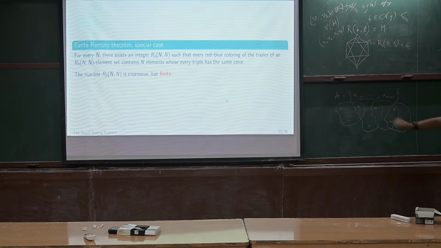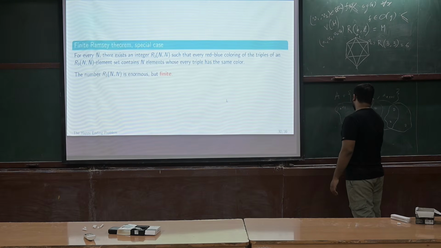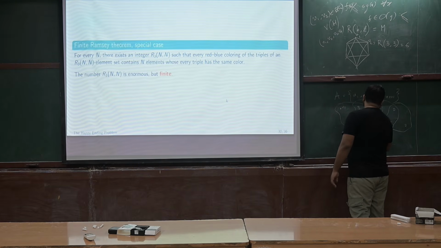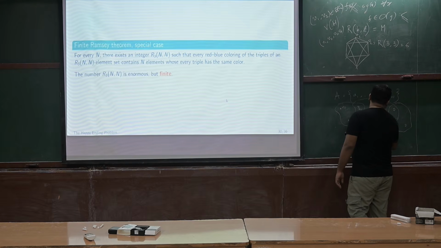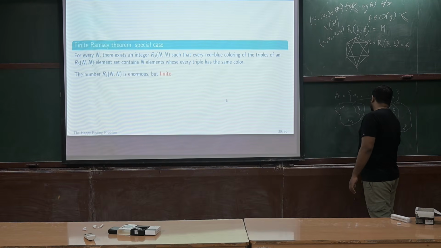So this is a hypergraph. Consider these vertices v1, v2, v3, v4. So you have these hyperedges.